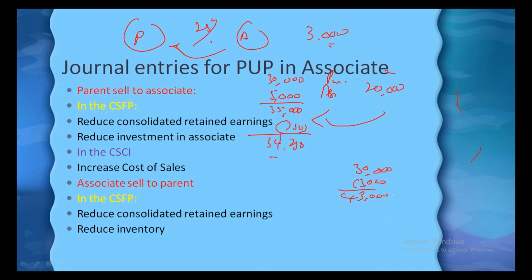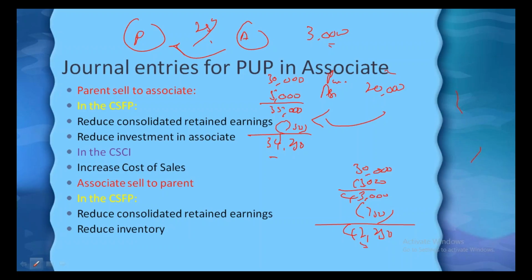So the parent company inventory will be 43,000. Again, not in the parent company books, but when you are consolidating, we will remove that 750 from our inventory because that amount is overstated by 750. Even though it is overstated by 3,000, I'm not worried about the 75%. I'm worried about the 25%. So I will put my inventory at 42,250. So you have to reduce your consolidated retained earnings and reduce your inventory.